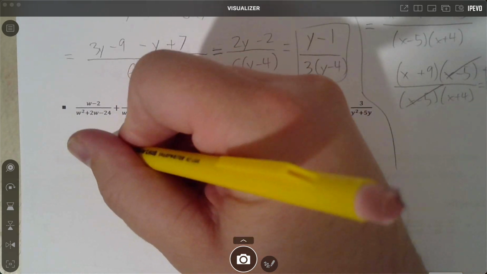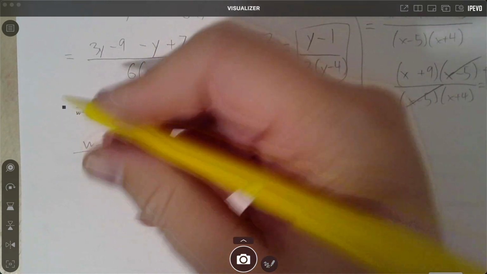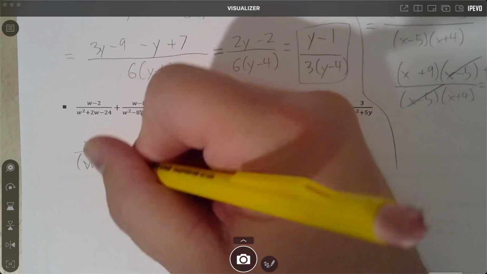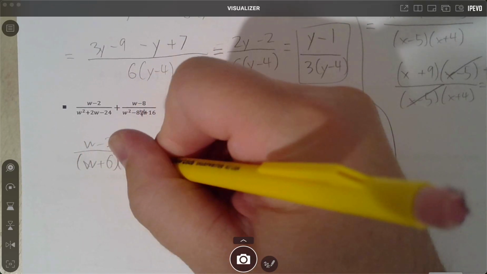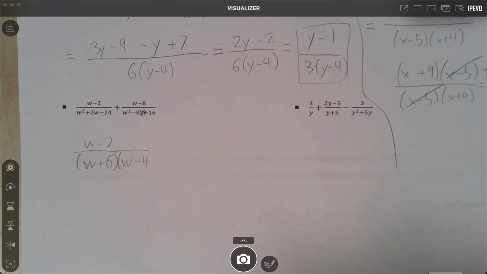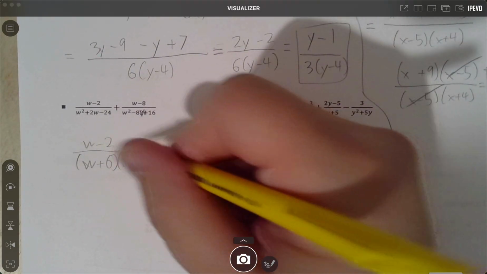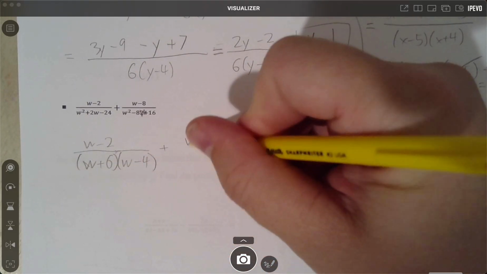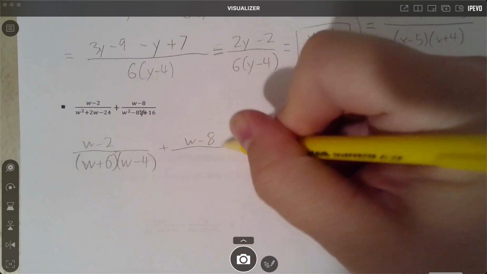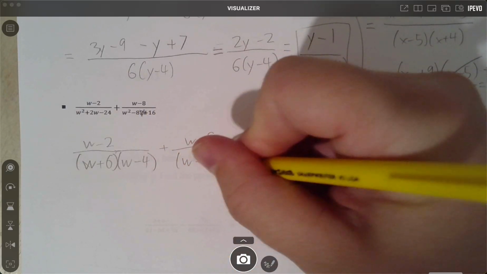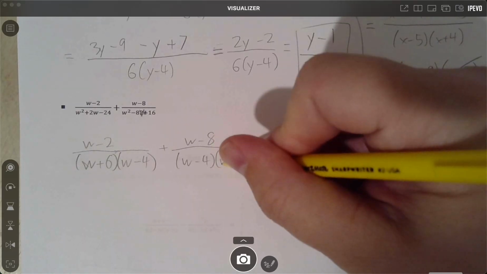So first, we're going to factor, and the factors of 24 that subtract to 2 are 6 and 4. I said it wrong, but factored it right, because those make positive 2 in the middle and negative 24 by multiplying. Up next, I've got the w minus 8, and the factors of 16 that add to 8 are 4 and 4, but they're both going to be negative.